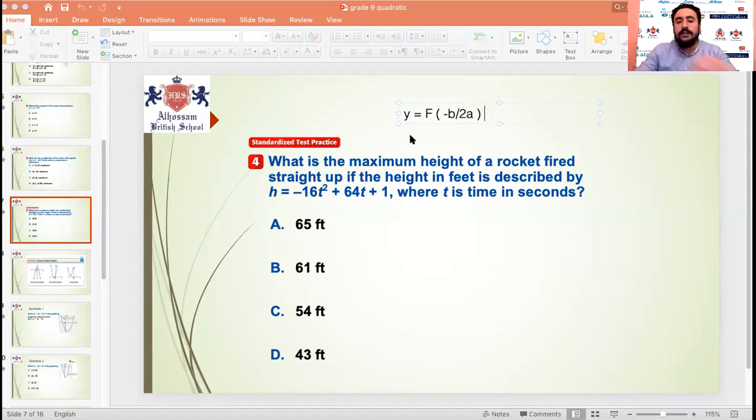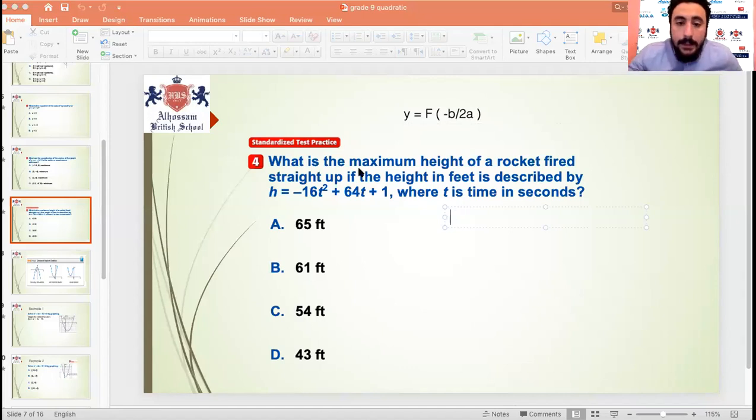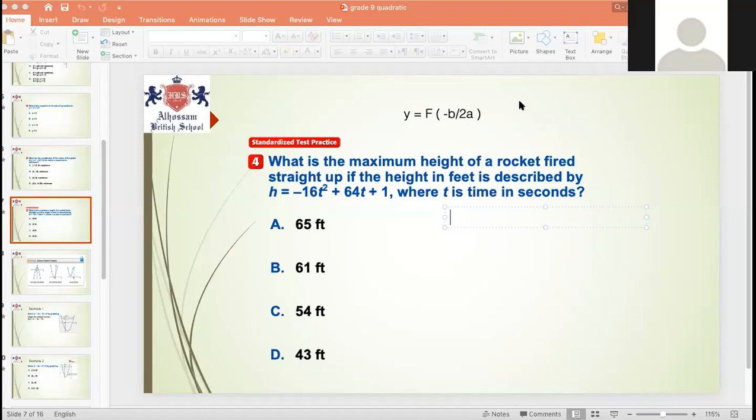So you're going to find negative b over 2a and then substitute. B here is 64, a is negative 16. B is the coefficient of x, and a is the coefficient of x power 2.